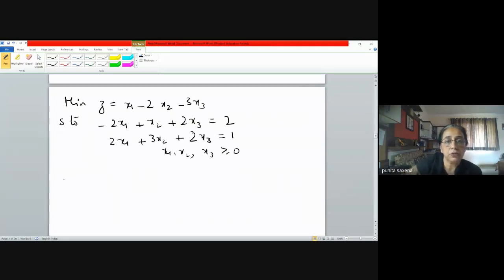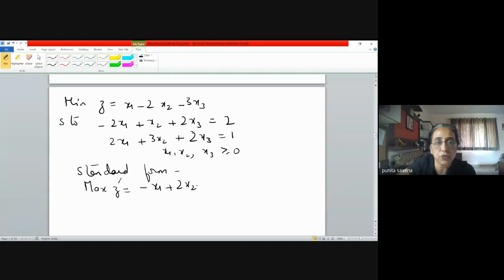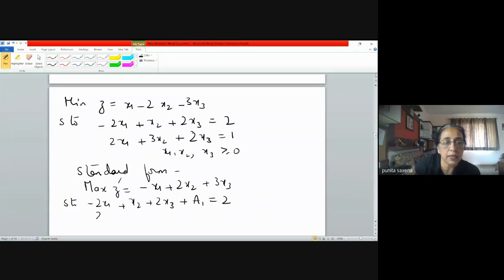So your standard form will be maximize z dash, which will be minus x1 plus 2x2 plus 3x3 because it has to be minus of z, subject to minus 2x1 plus x2 plus 2x3 plus a1 equal to 2 and then 2x1 plus 3x2 plus 2x3 plus a2 equal to 1 with x1, x2, x3, a1, a2 more than or equal to 0. Is that right? That is my standard form.